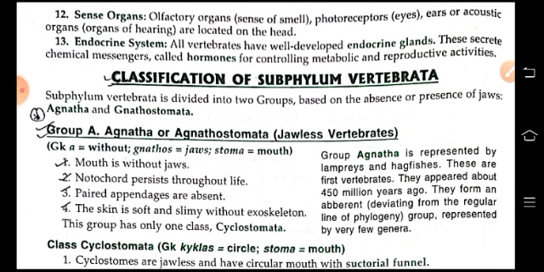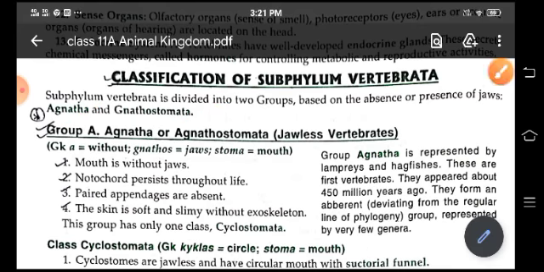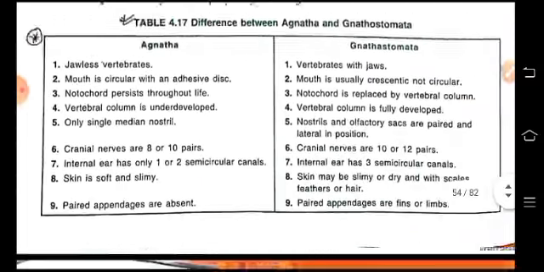Classification of subphylum Vertebrata. Now, subphylum Vertebrata is divided into two groups, Agnatha and Gnathostomata. The Agnatha, which means the organisms that belong to this group are without jaws. And Gnathostomata means they have jaws.